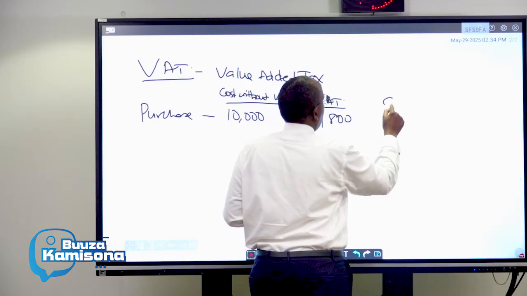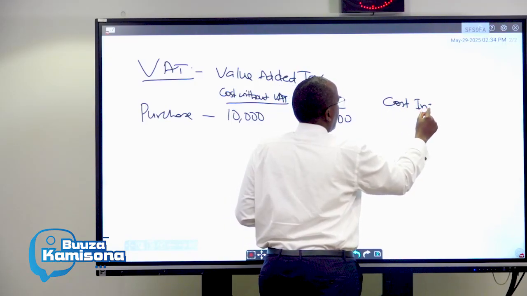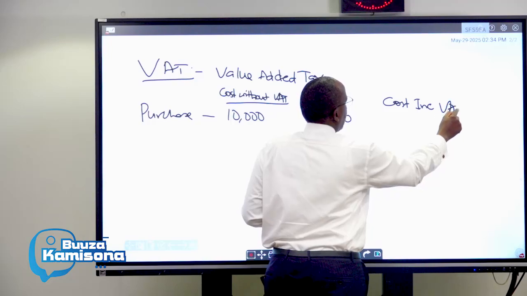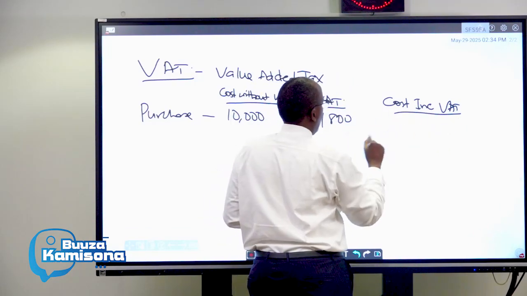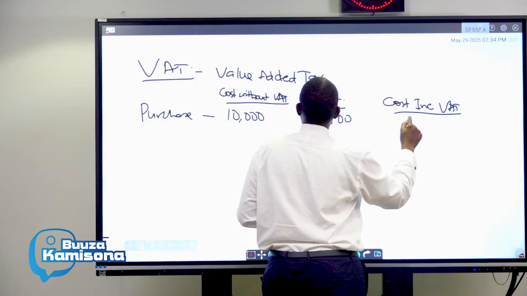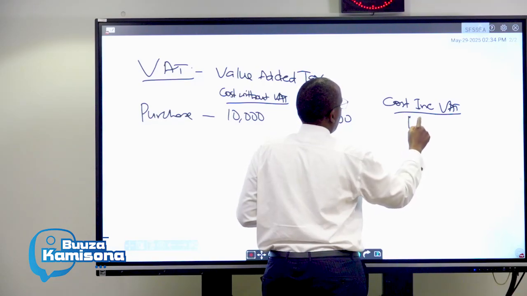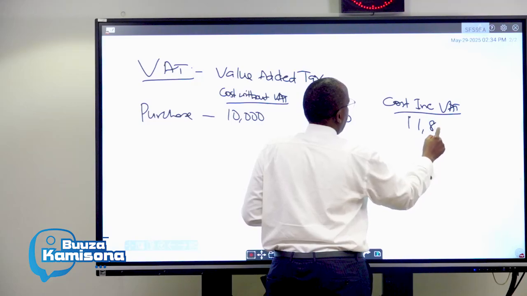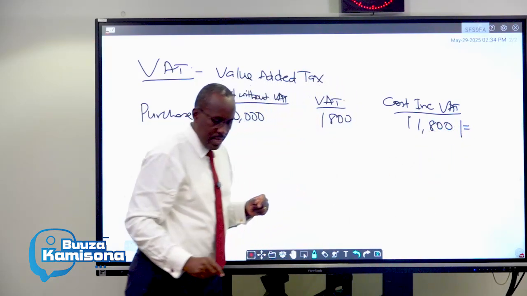Now, what is the total cost? So now this is the cost inclusive of VAT. When you're going to pay for this item at the depot or at the factory, you'll pay 10,000 plus 1,800, which comes to 11,800. Okay? This is what you'll pay.